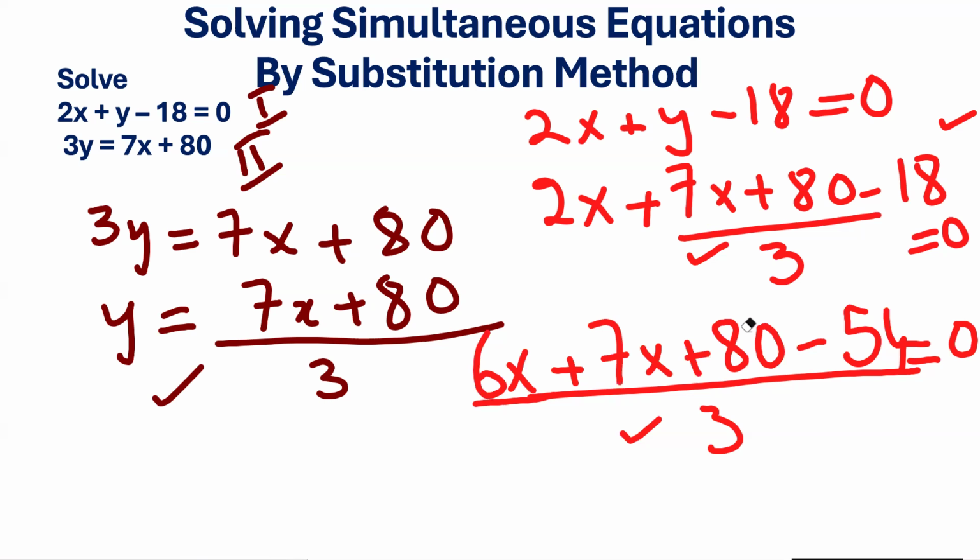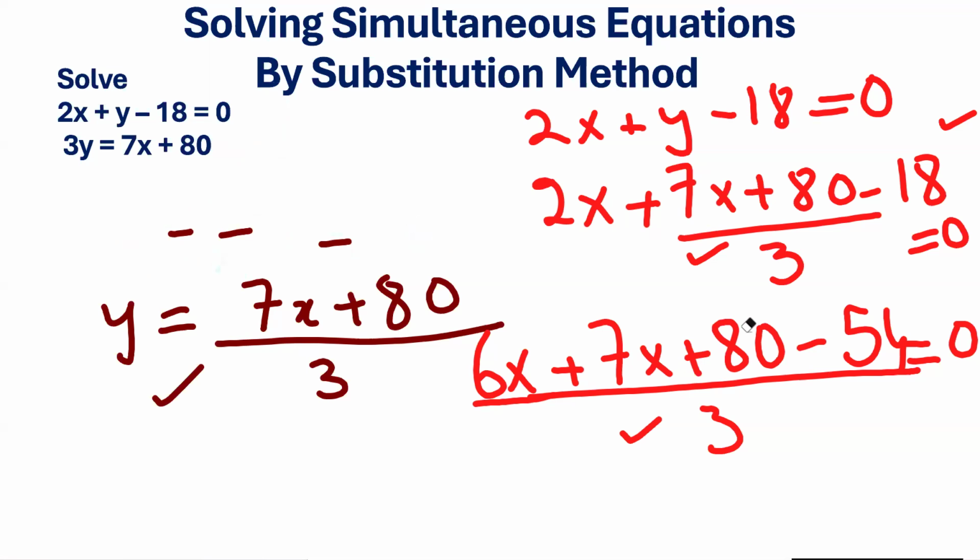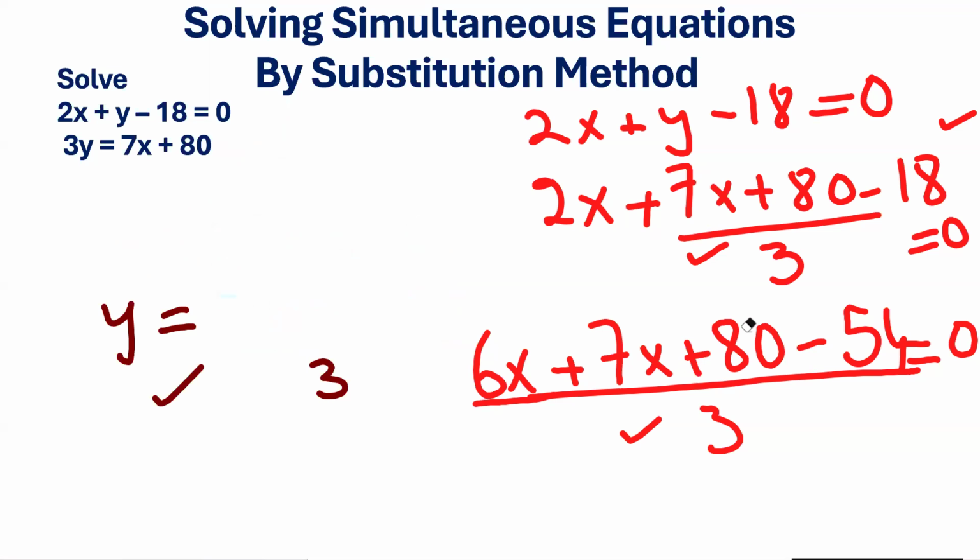We are solving the like terms now. What are the like terms? 6x plus 7x. These are the like terms. And constants are also like terms. So let's add 7x and 6x. 6x and 7x will give you 13x.